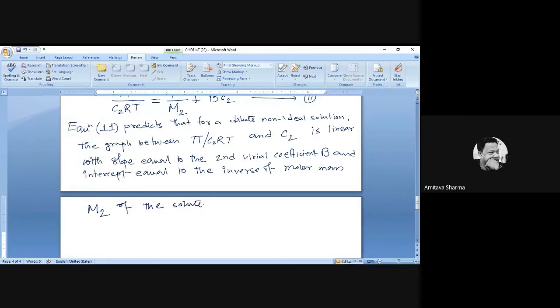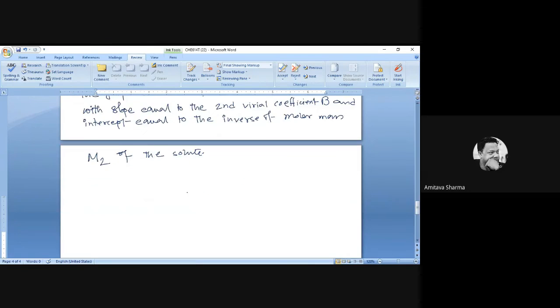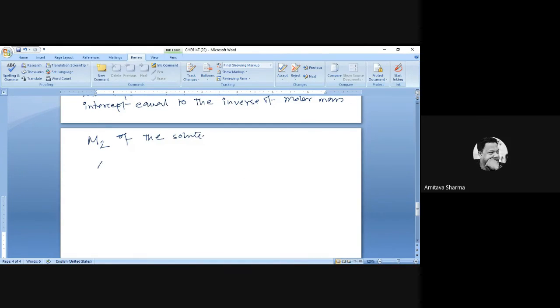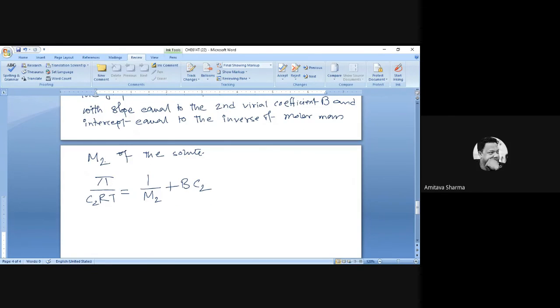Now, what I am actually going to say is that if I consider this equation, pi by C2RT equals 1 by M2 plus BC2, as I have discussed, and I consider this term as y, this term as c, this B as m, and C2 as x.